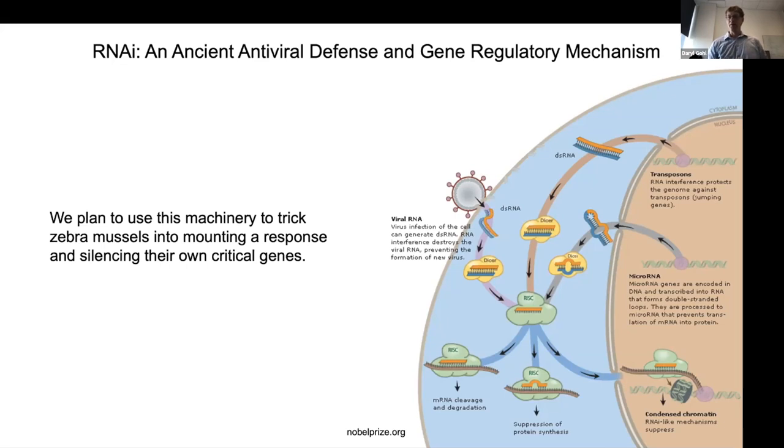There are a number of enzymes that chop it up and then look for anything that's similar to that double-stranded RNA and degrade it. And so essentially what we're trying to do here is use this RNAi machinery to trick the zebra mussels into mounting this gene silencing response against their own critical genes.